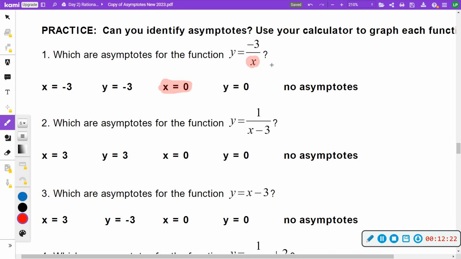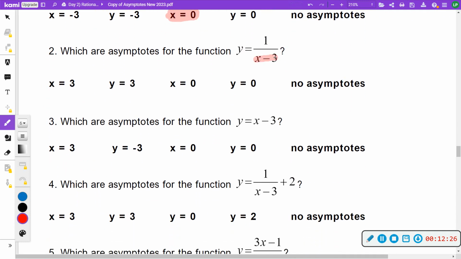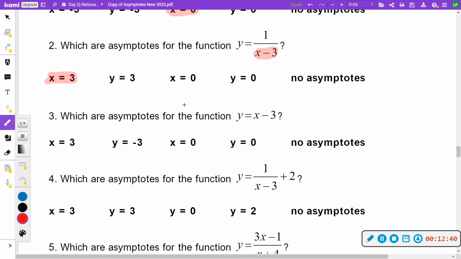I'll come back and do the horizontal asymptotes. When is this 0? Well, when x is 3. So I have a vertical asymptote at x equals 3. Now, if I had an x minus 3 up here as well, then those would cancel, and I would call that a hole, and it would not be an asymptote.